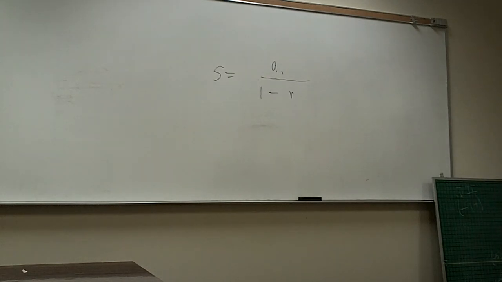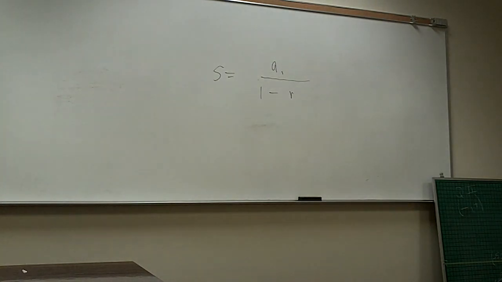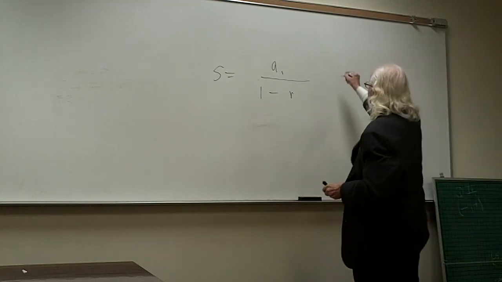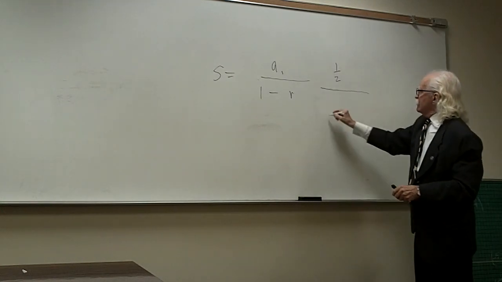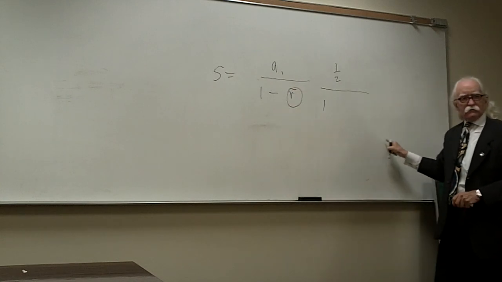There it is right there. That's the equation for the sum of a geometric series. All you have to know is the ratio between the terms. The first number was 1/2. This is 1. And what is the ratio between any two of those numbers?